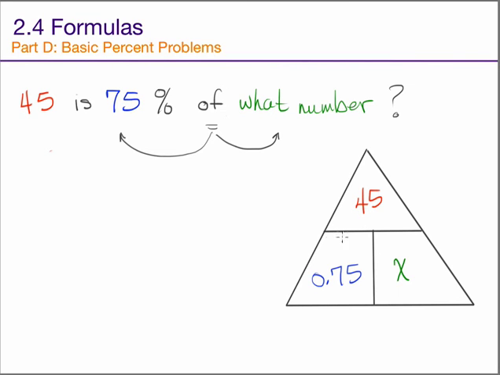I have the 45 over the other known number, 0.75. So I can write x equals 45 over 0.75. And on my calculator, that's 60. 45 is 75% of what number? That number is 60.